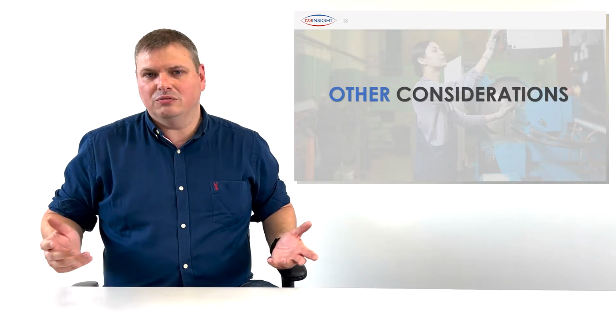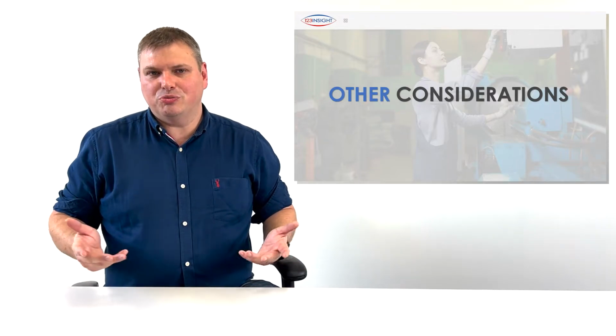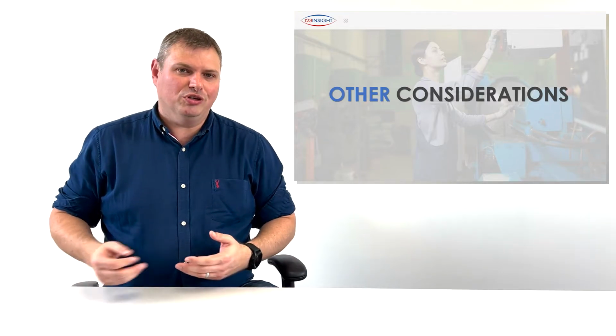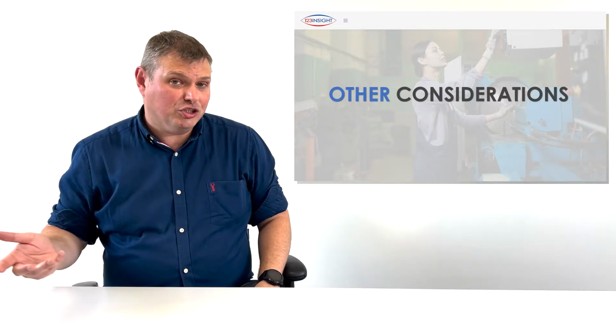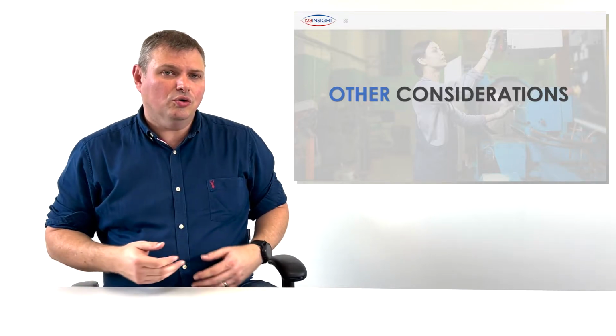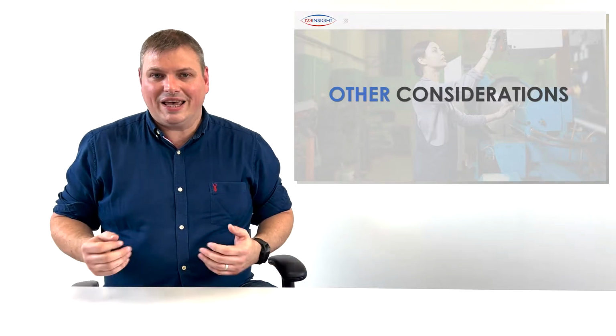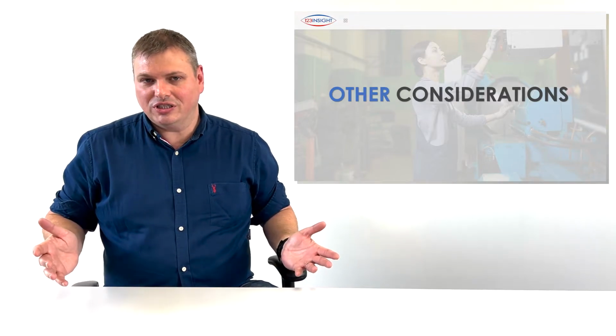So think CRM, but not customer relationship management, more communications management with your suppliers. A supplier relationship management type tool, all of which ERP systems can, to a lesser or greater extent, supply.